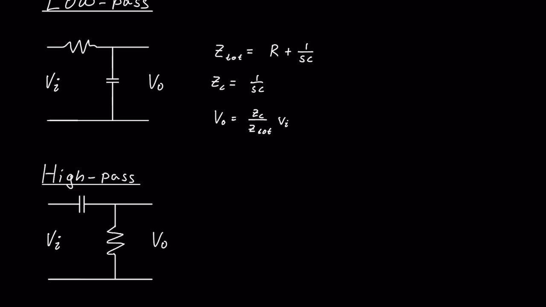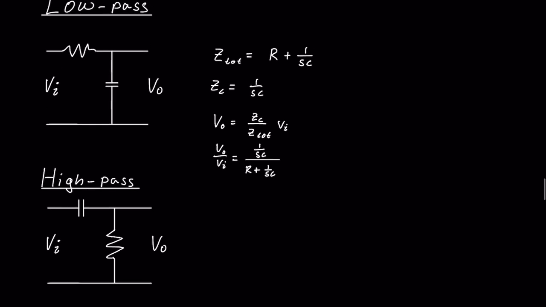So now we can write Vo over Vi as 1 over SC over R plus 1 over SC. Now you can see that we can multiply by S and divide by R in the numerator and the denominator.